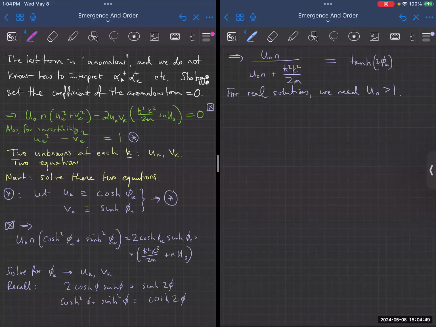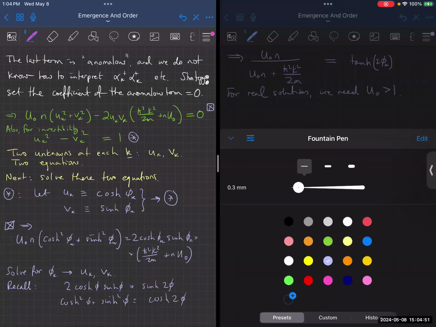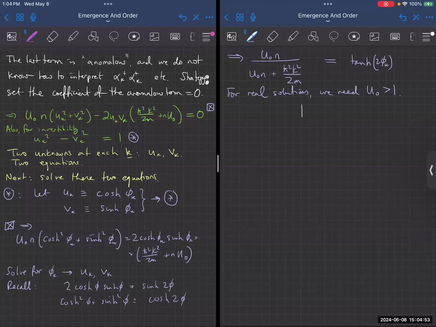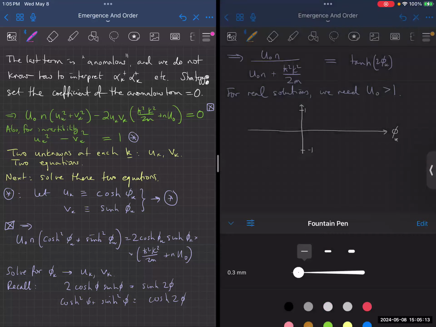So let's just have a look at what it looks like. Here on the horizontal axis, I'm drawing phi_k. Tanh of 2 phi_k goes between 1 and -1, so I can draw that like so.